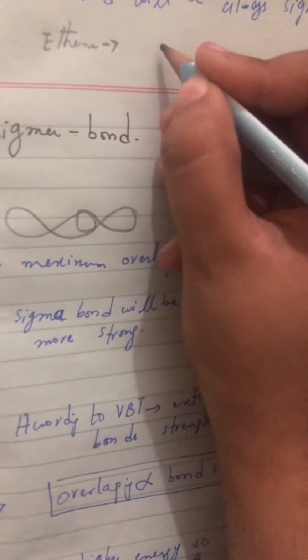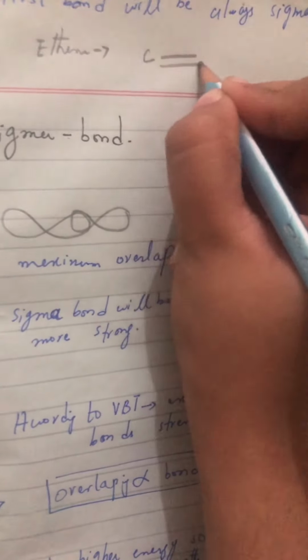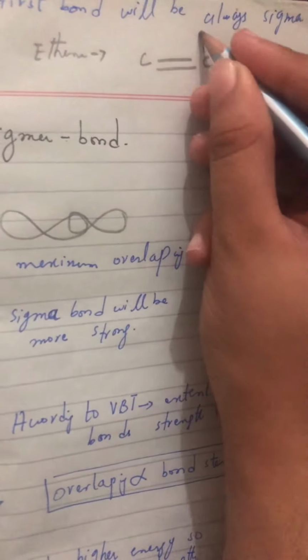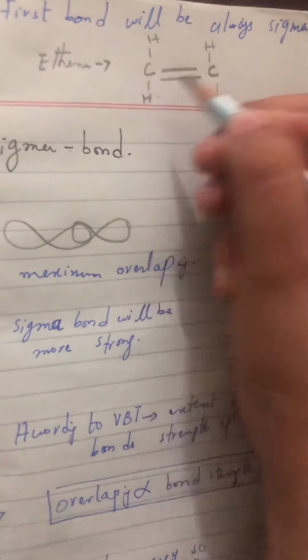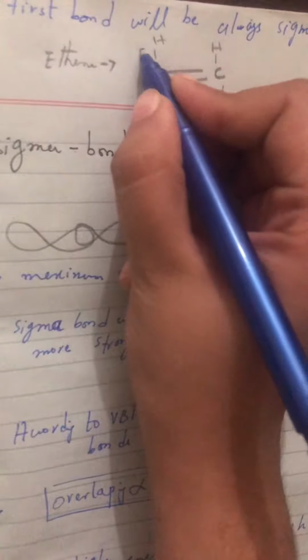Here the first bond will be the sigma bond, denoted like this.